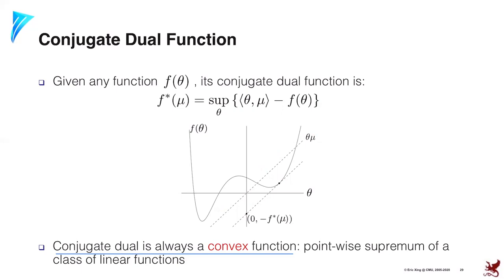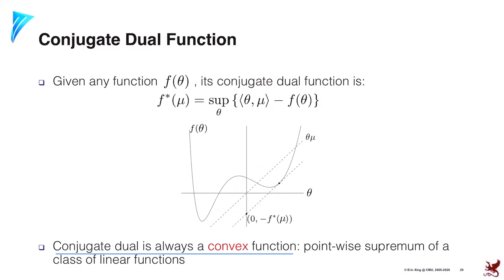We find the corresponding value for each theta on this line, and then we find its value on this curve, and then we take the difference, which is the gap between these two values.